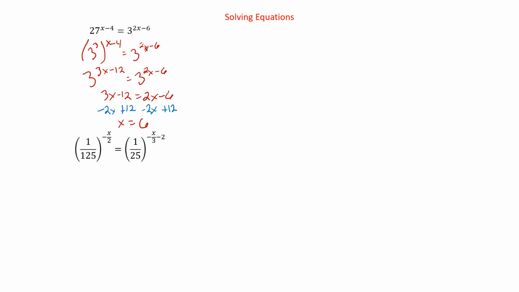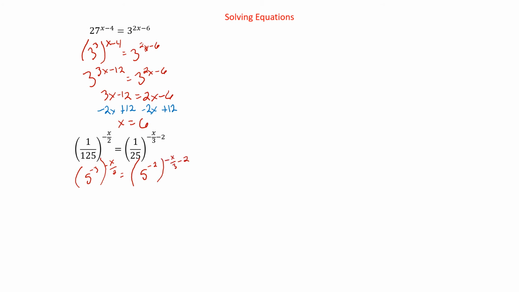To get the 1 over, that's just the negative. So 1 over 125 is 5 to the negative 3, to negative x over 2 equals 1 over 25 is 5 to the negative 2, negative x over 3 minus 2.